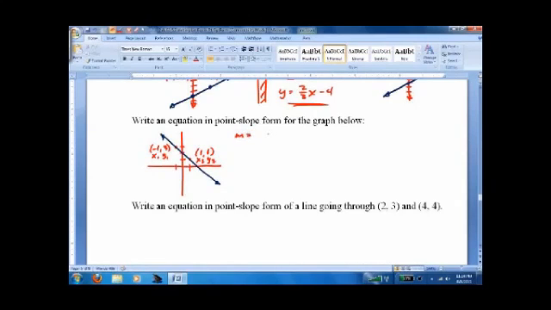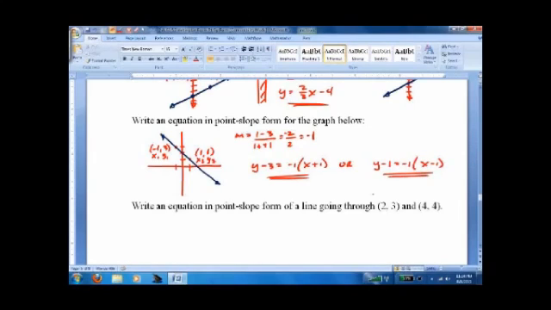Slope is 1 minus 3 divided by 1 minus -1. -2/2 equals -1. And now we could write it with either point, so let's write them both. Y minus 3 equals -1 times x plus 1, and that's okay. Or y minus 1 equals -1 times x minus 1.